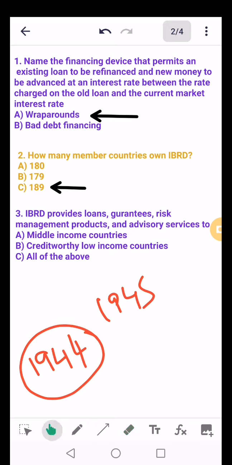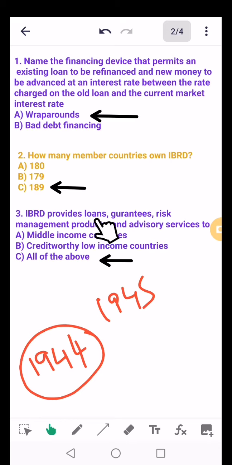Now the next question is, IBRD provides loans, guarantees, risk management products, and advisory services too. The answer is all of the above. These are the products of IBRD, so you should be knowing this also.